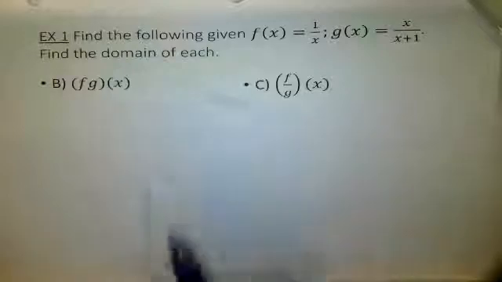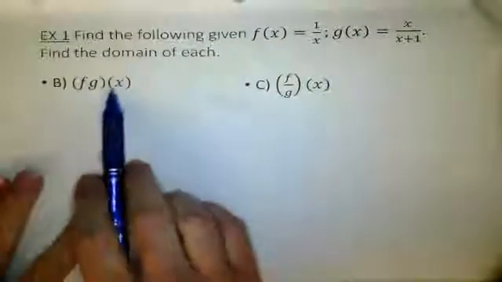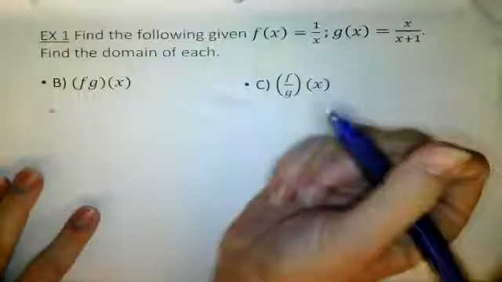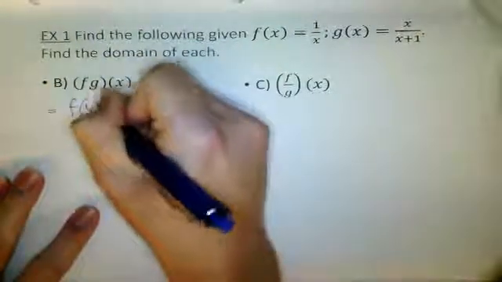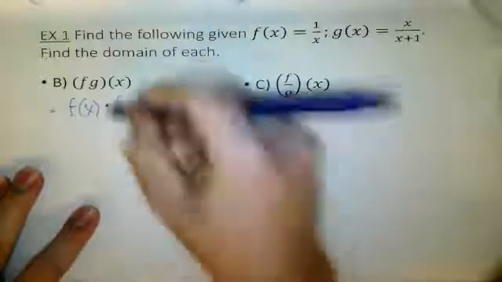All right, we have fg of x here. What does fg of x really mean? F of x times g of x. Good, f of x times g of x.